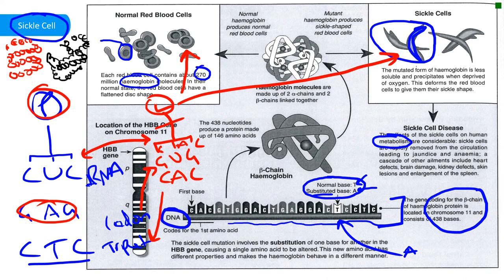And so you get a completely different sort of shape in this area, and when you look at the protein as a whole, that's what causes it to come out of shape. And an out of shape protein is not a good one, because proteins have specific shapes, and that's what causes sickle cell anemia. Hope that helps.